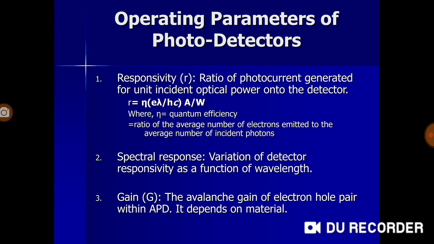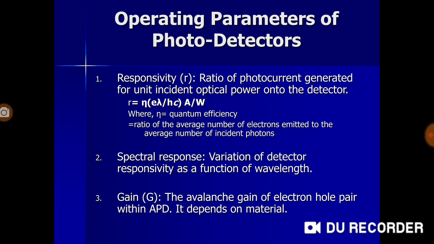The quantum of current is electrons, and the quantum of light energy is photons. So it is the number of electrons emitted to the number of incident photons on average. That is the quantum efficiency, and it is related to the responsivity R.